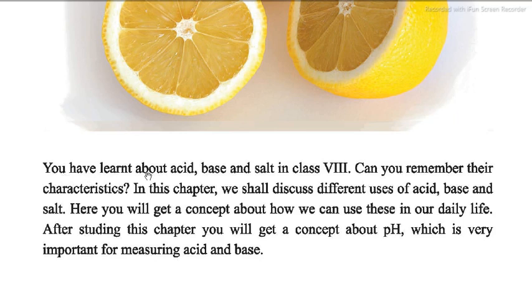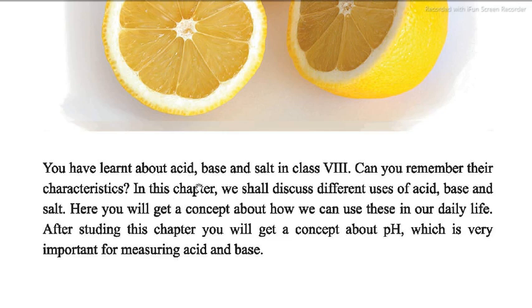You have learnt about acid, base, and salt in class 8. Can you remember their characteristics? In this chapter, we shall discuss different uses of acid, base, and salt.